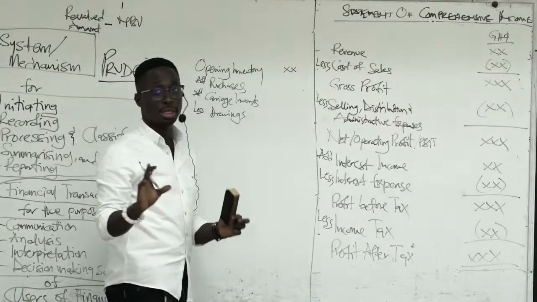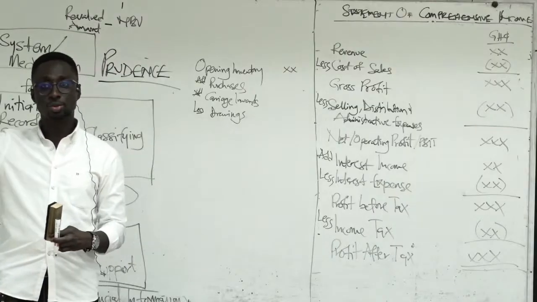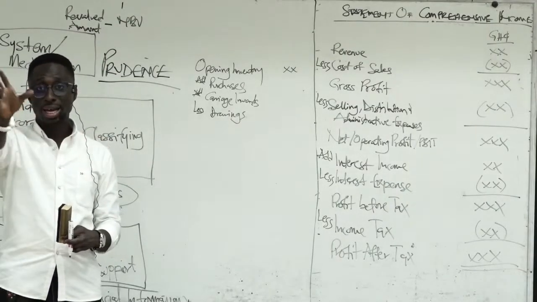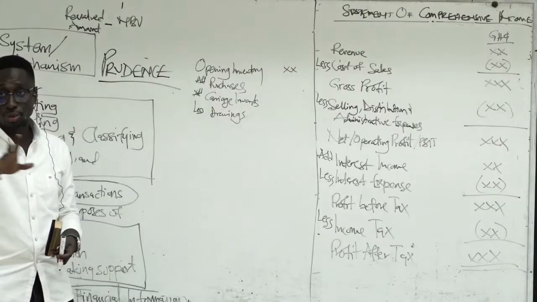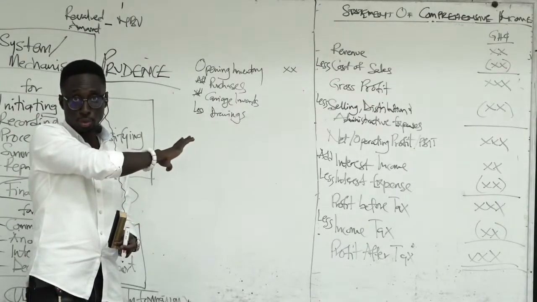And please be careful. The drawings, they could be cash related or they could be goods related. When they are cash related, I beg you, don't bring it here. It's just for the goods.